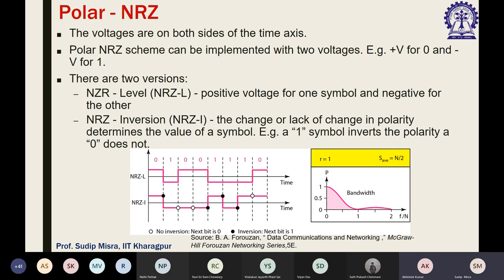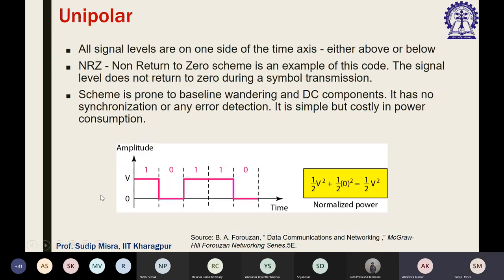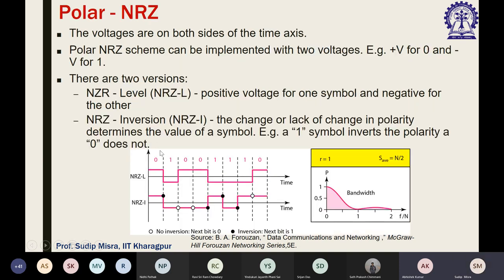So as you can see that in unipolar NRZ, it was only plus V voltage or 0 volt for encoding the 1 and the 0 bits. Here we have the voltages on both sides of the time axis.